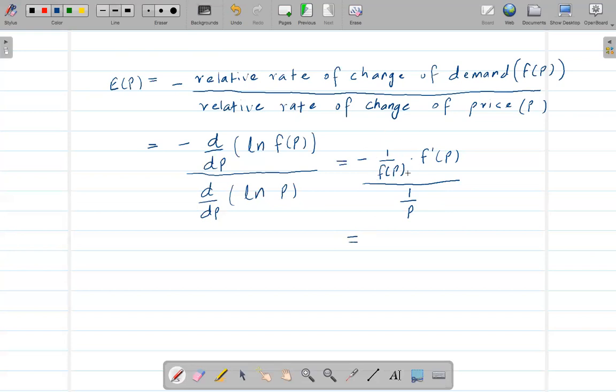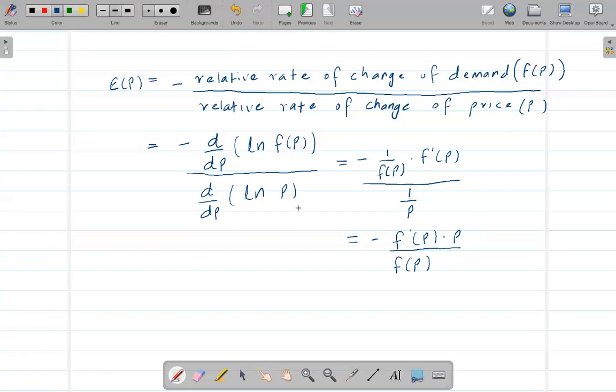So now after this, I get from the numerator f prime of p over f of p, and then, well, we are dividing this whole thing by 1 over p, so basically I can move this p to the numerator, so I can just write this whole thing multiplied by p, right? So this is just algebra.